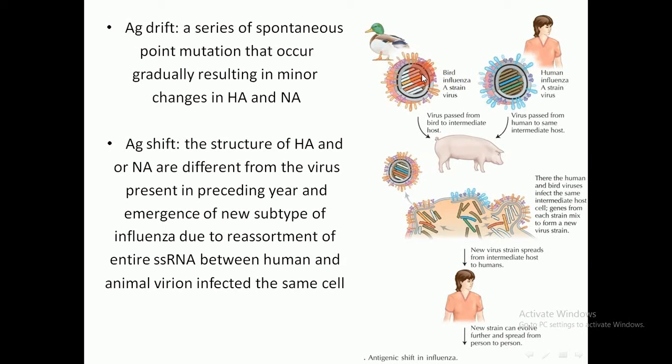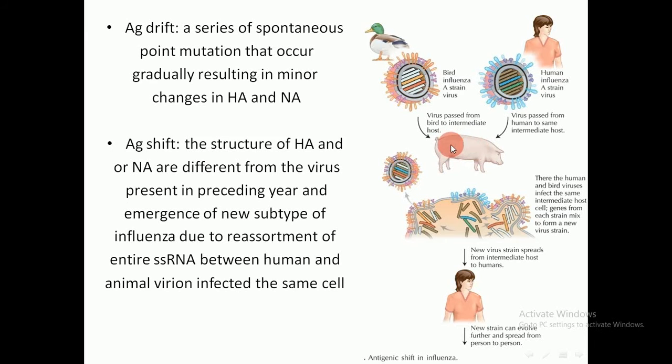This is the bird, which is infected with influenza A strain virus. And this is the human, which is infected with human influenza A strain virus. This usually occurs in villages or areas where animals are bred.